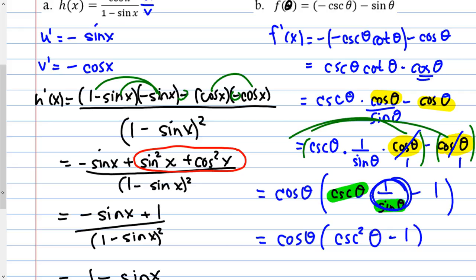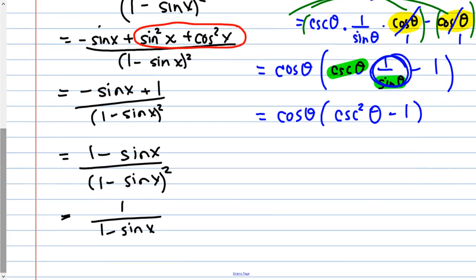Okay, so now I need you to recall another Pythagorean identity. So earlier I said sine squared plus cosine squared equals 1. Well, the one I'm trying to get you to recall is another Pythagorean identity, which is cotangent squared theta plus 1. You know what?